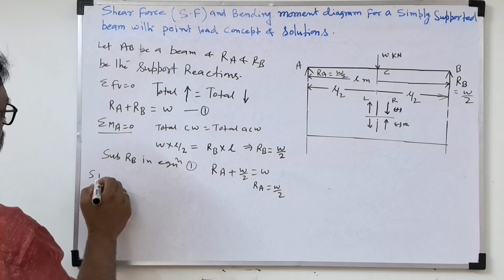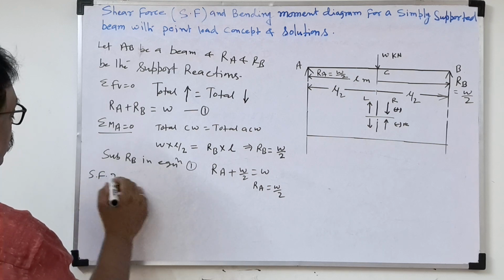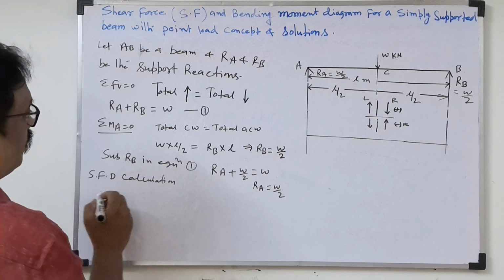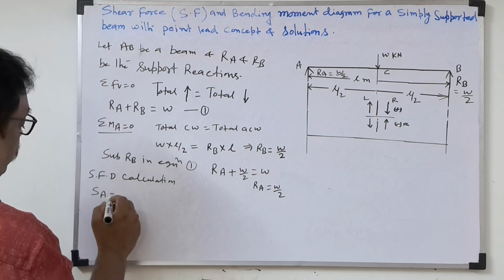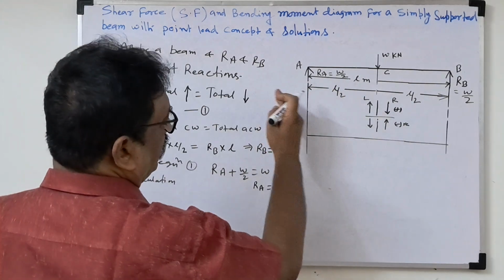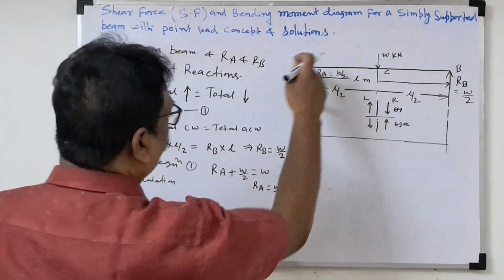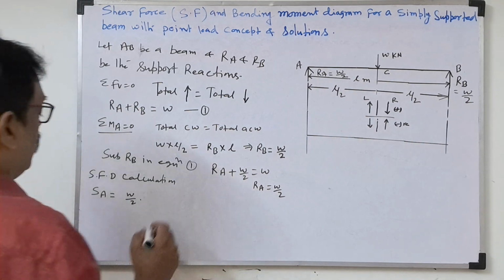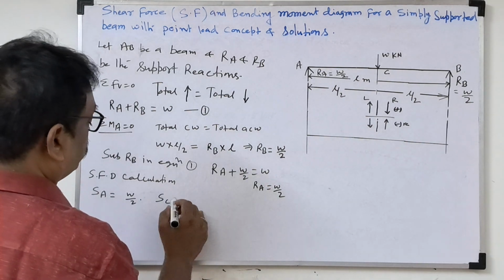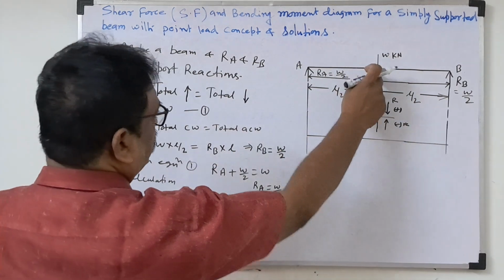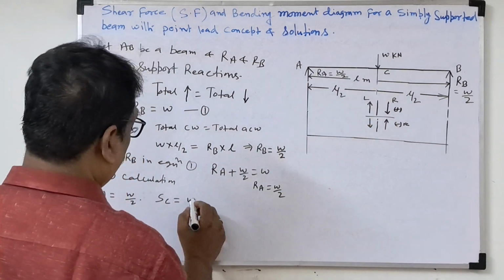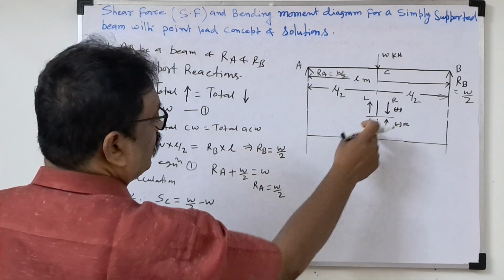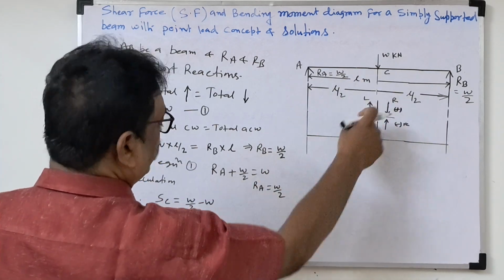Now we'll do the shear force calculation. Shear force at A, I am taking the left side. Upward force is positive. What is the upward force? W by 2. Now shear force at C: W by 2 is already there, and this force coming is minus, because downward force will be negative from the left side.